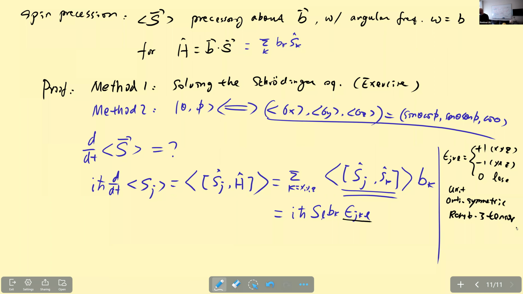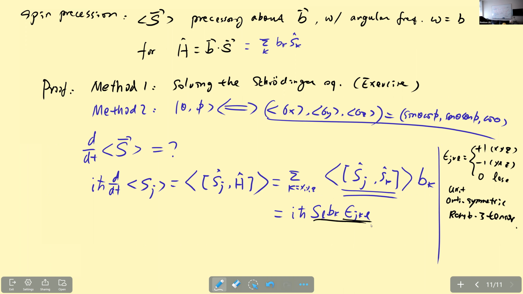It's useless at this point. So basically, if this forms a cyclic right-hand rotation, x, y, z, you call this epsilon jkl, okay? It's 1. If it's left hand, say yxz, that's minus 1. Or if you have repeated indices, it's just 0, okay?